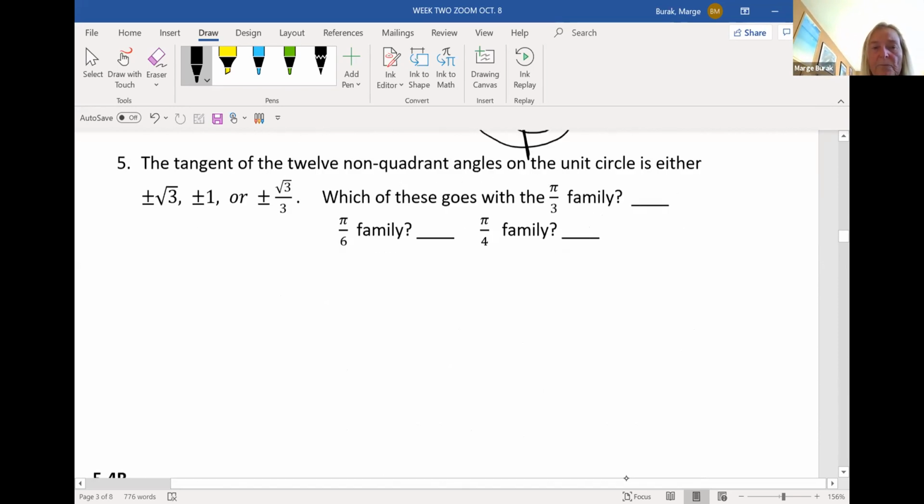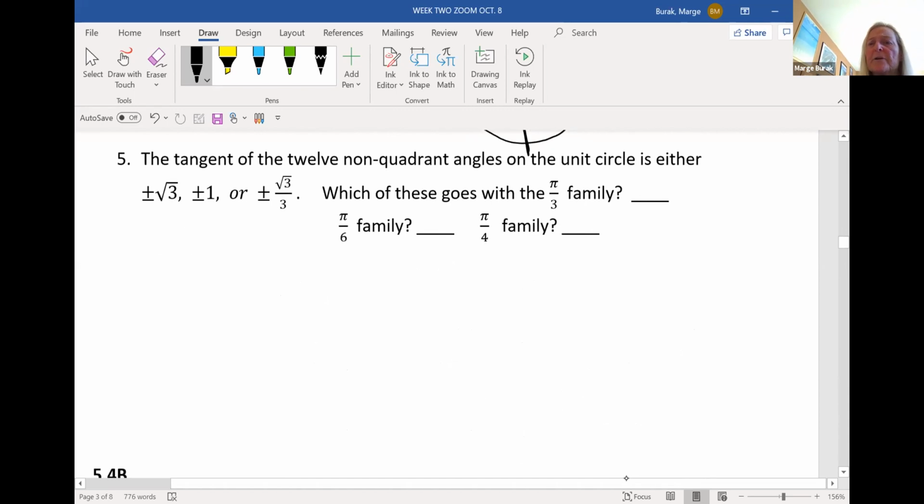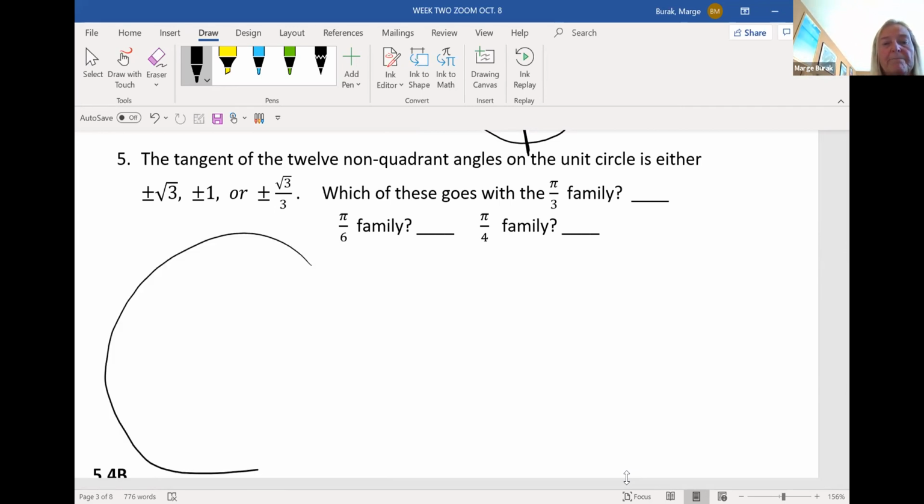Okay, here we go. The tangent of the 12 non-quadrant angles on the unit circle is either plus or minus square root of 3, plus or minus 1, or plus or minus radical 3 over 3. I'm going to do this one with you.